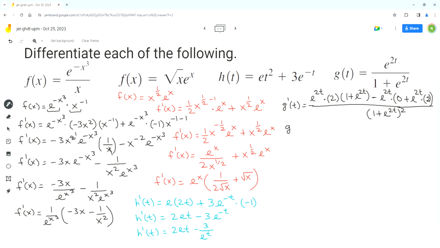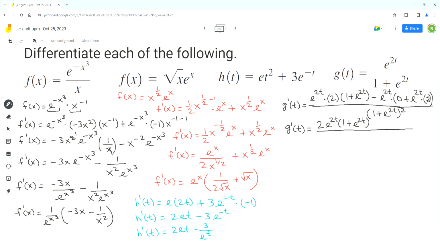Now we can simplify the numerator. In the numerator, 2 times e to the power 2t will just be 2e to the power 2t times 1 plus e to the power 2t.